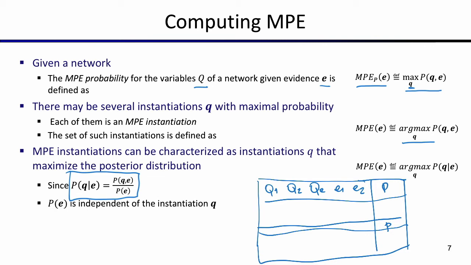And if we sum all those probabilities, we have a Z here. And if we divide each entry by Z, right? The maximum P here that is unnormalized will also be the maximum after the normalization step. So as it will not change the result, it's going to be simpler to compute the probability of Q and E and take from there the maximum or the argmax among all possible instantiations.